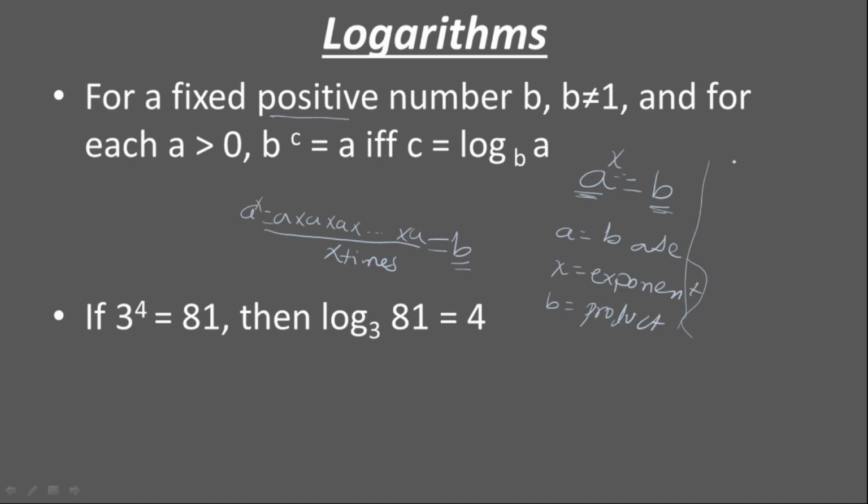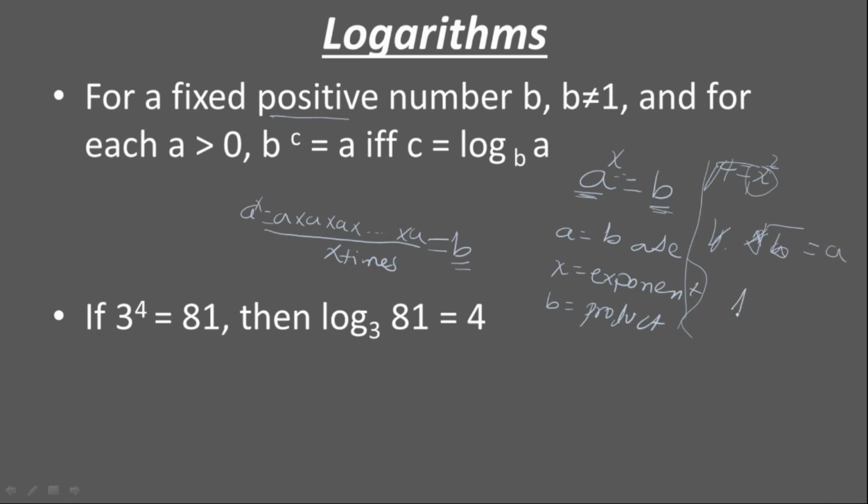For example, let's say 4 is equivalent to x to the power of 2, and we need to find this x. How can we find it? We can take the square root of both sides. Meaning, if we find the x-th root of b, since our exponent is x, because we are finding the base, the x-th root of b is equivalent to a.